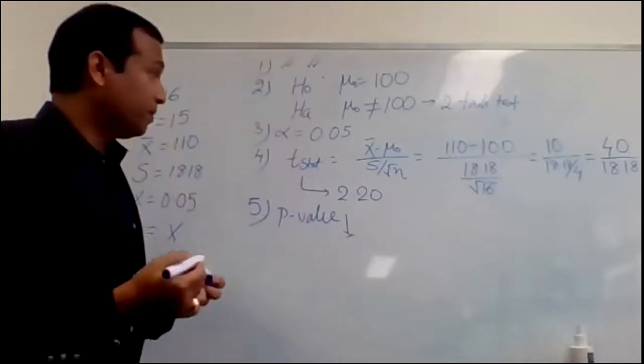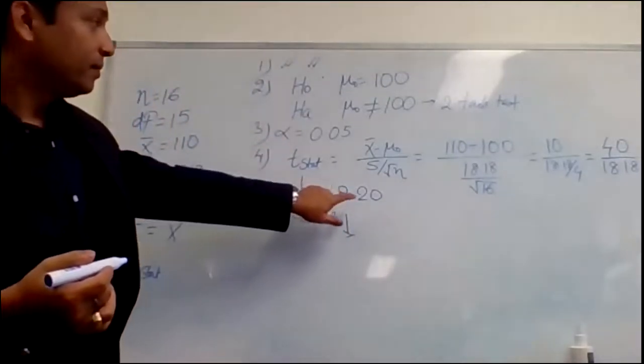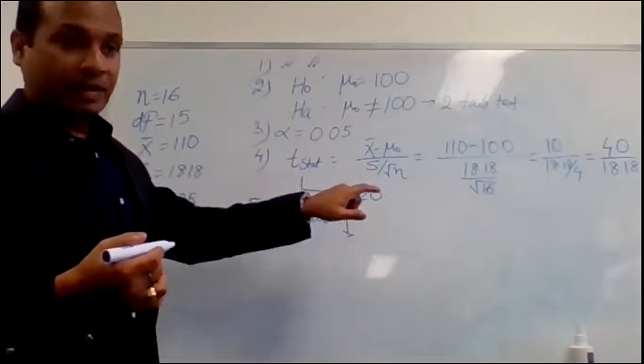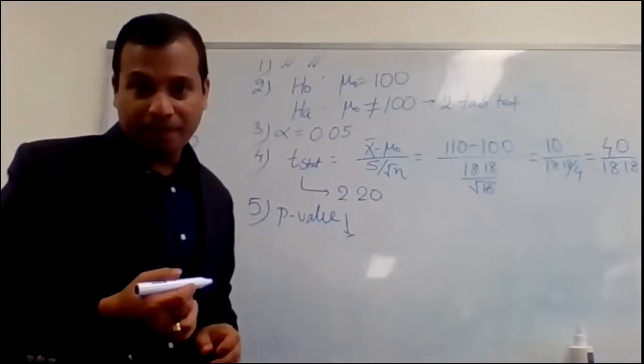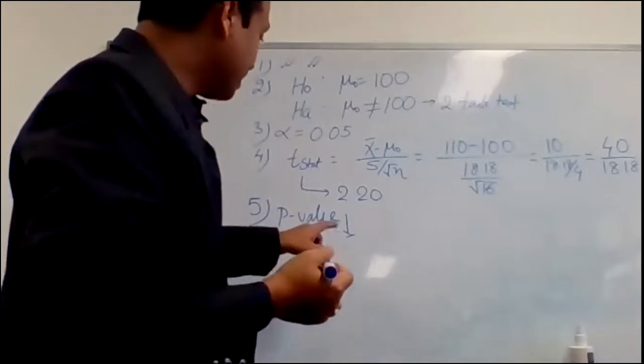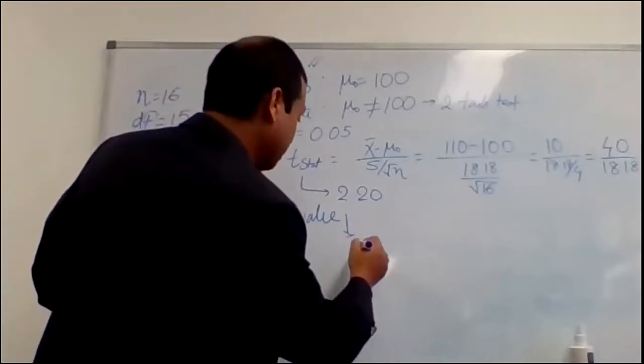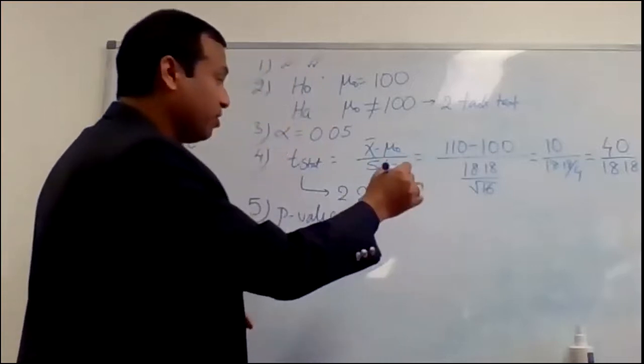What is the p-value? In the case of a two-tailed test, what will be the p-value? It says twice, so 2 times the area on the right side.